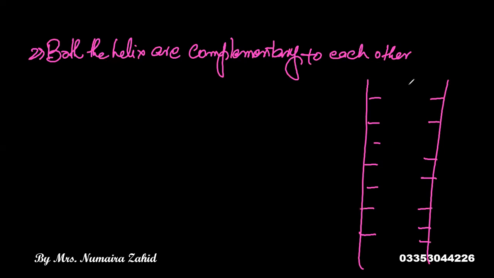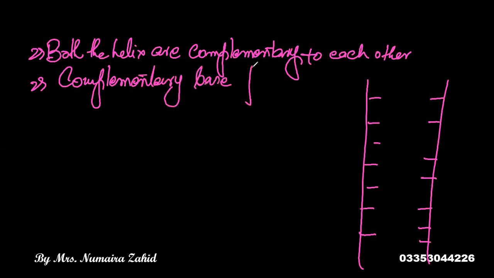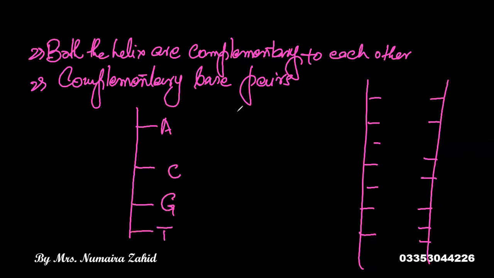Okay. Like for example, the complementary base pairs are found in DNA. If here in this strand, here the nitrogenous base is adenine, here if it is cytosine, if it is guanine, okay, and if it is thymine, then the complementary strand will be containing the nitrogenous bases which are complementary to these nitrogenous bases.